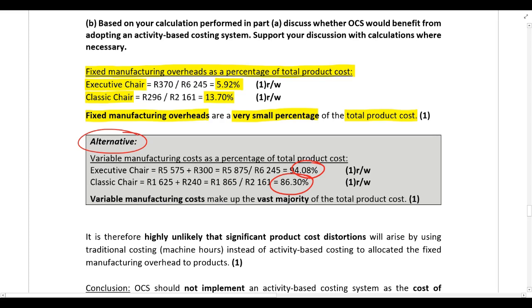Either you calculate the fixed manufacturing overheads as a percentage of total product costs, or you calculate your variable manufacturing costs as a percentage of total product costs. Both of these tell us that the fixed manufacturing overheads are insignificant because they are a small percentage of total product costs, or we also know that because the variable manufacturing costs make up the vast majority of the total product cost. All right, so one or the other.